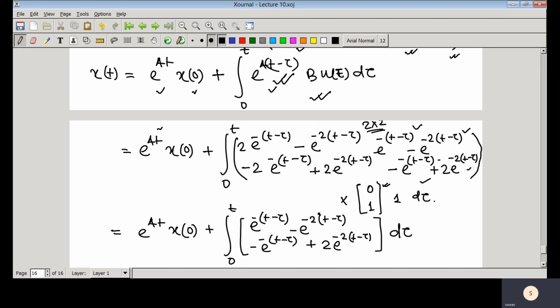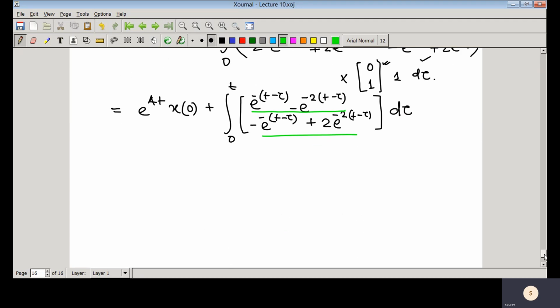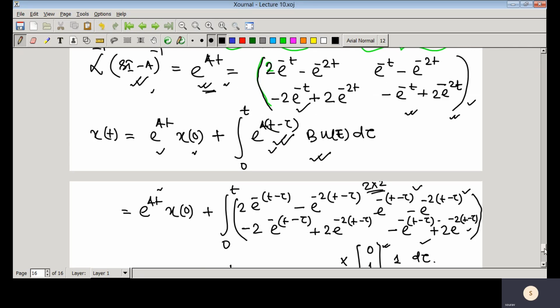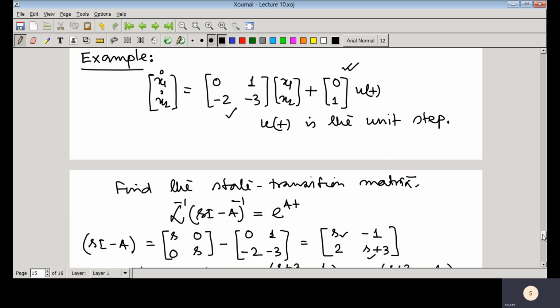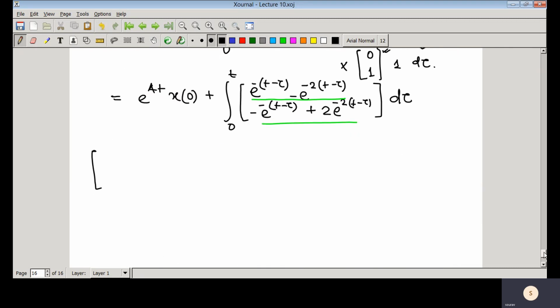Now if you integrate each individual term, this term and that term, from 0 to t, what will you get? Here we are just finding x(t), and you have two states in this particular example, that is x1(t) and x2(t). So this vector would be equal to e to the power At into x0.